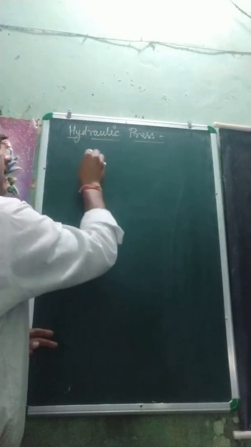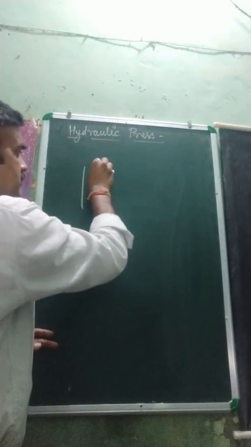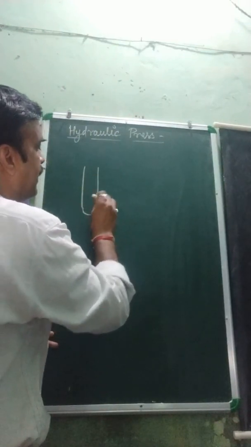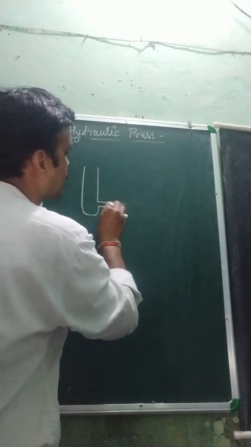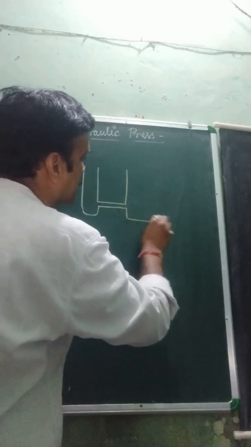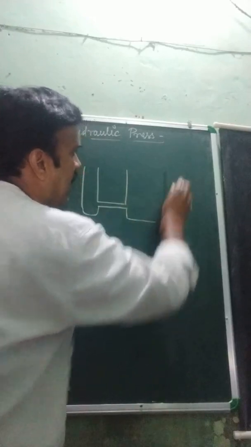How? See, take two vessels, two cylinders. One cylinder has a small area, and the second cylinder has a larger area.